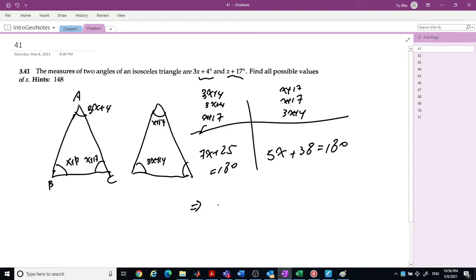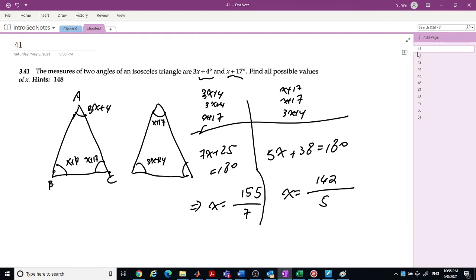You can solve these: x is 155 over 7, and for the second one, x equals 142 over 5. Okay, so this is the answer.